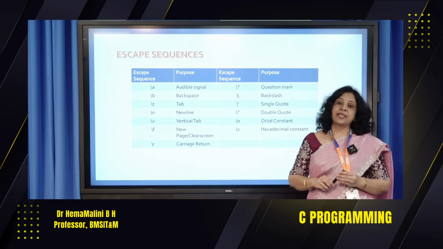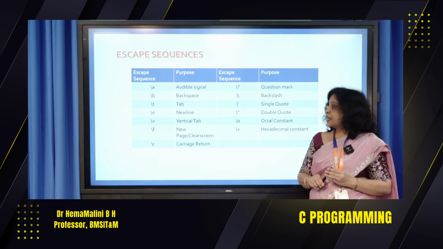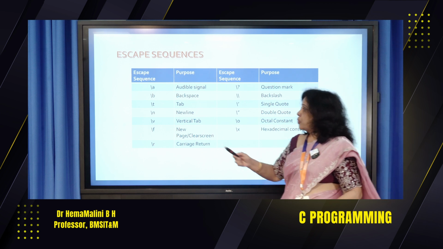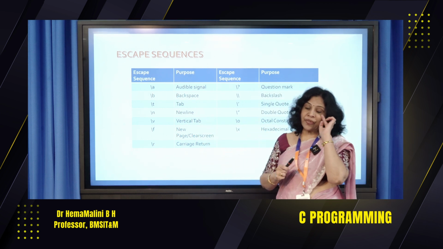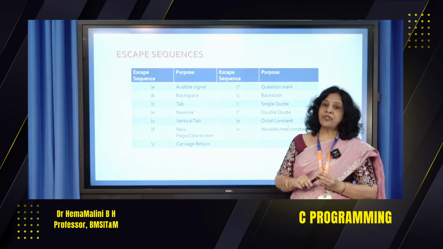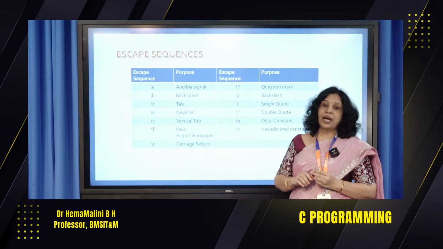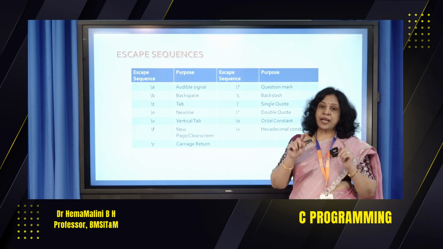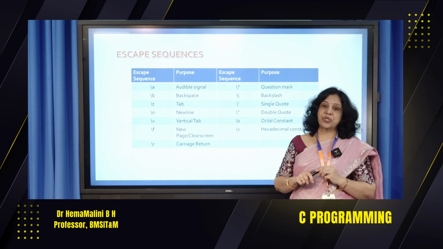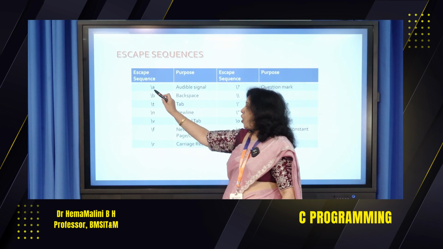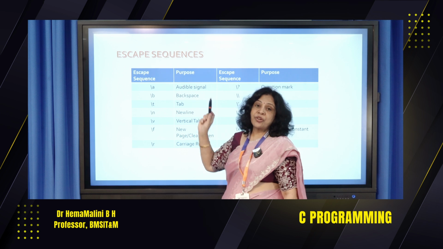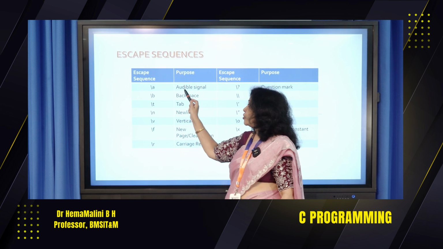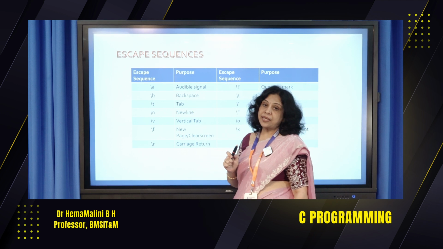Now let's see the escape sequences. Any escape sequence starts with the backslash, and the escape sequences are written within the double quotes. So \a, this could be an alert or an audible signal.